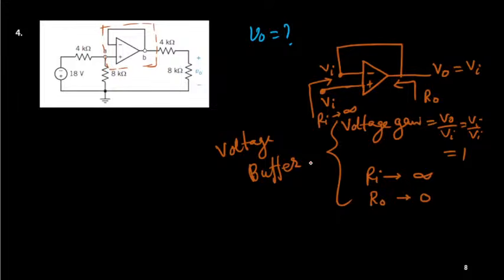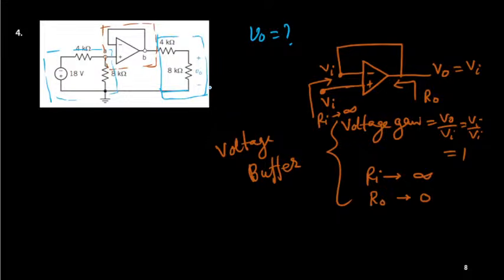So this voltage buffer circuit we can use to isolate two stages. Again, we can connect these things without any loading effect. Suppose here we have one network on the left hand side and another network on the right hand side.